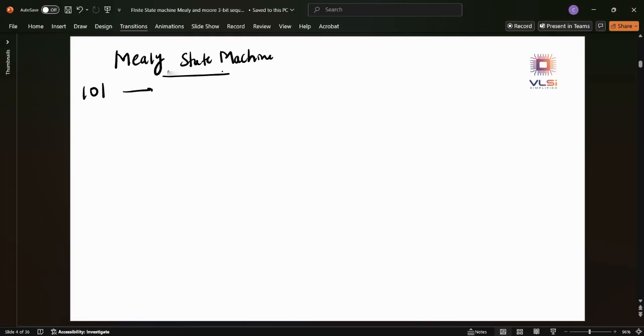Here S naught. So at S naught, when it is 0, it will be in the same state. 0, same state, output is 0.